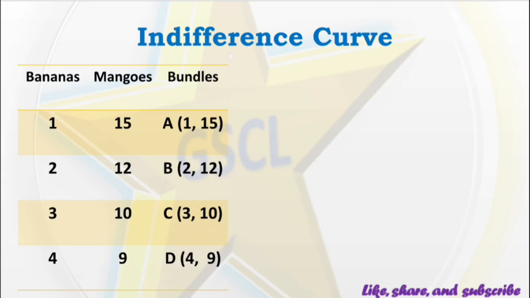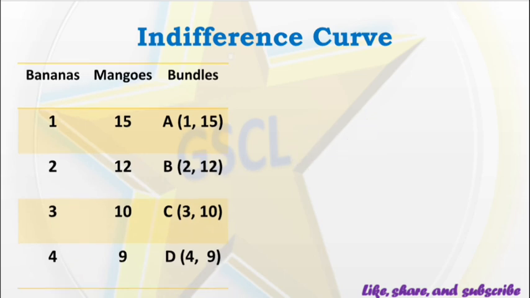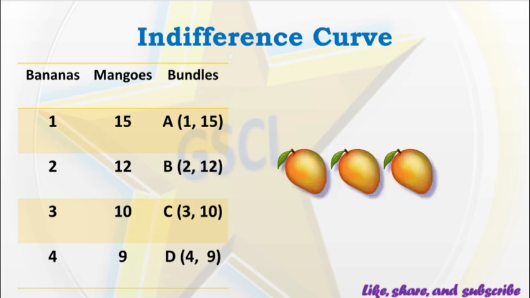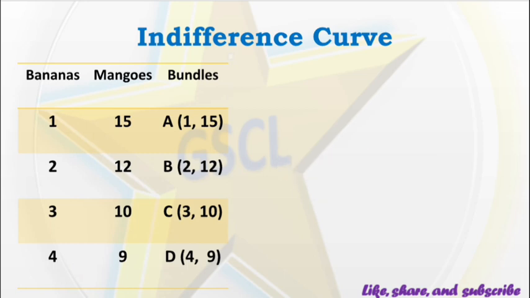Next, you can notice that the consumer wanted to have one extra banana and to take one more banana gave up 3 mangoes. The consumption bundle thus at second situation is B, that is 2 bananas and 12 mangoes are being demanded.